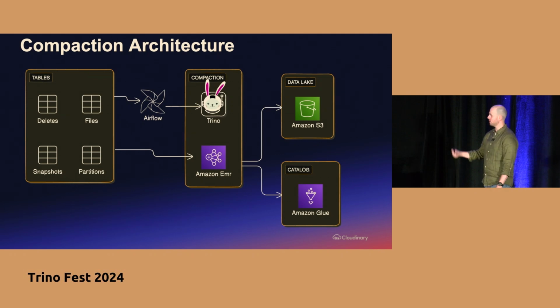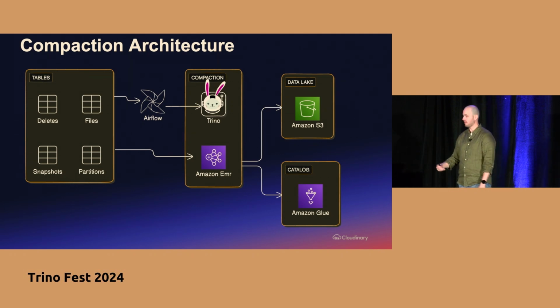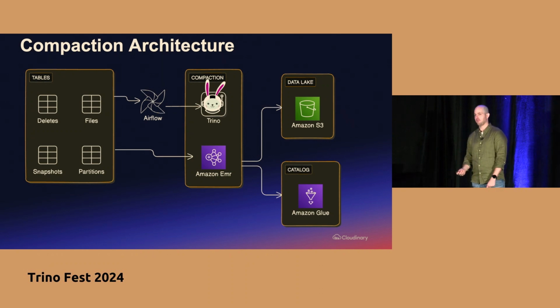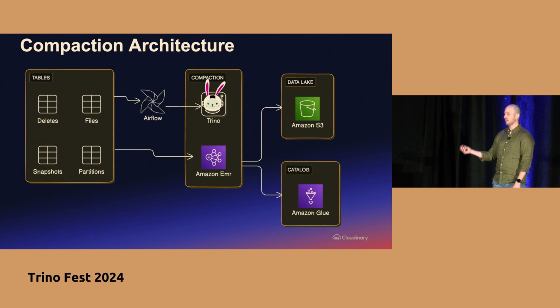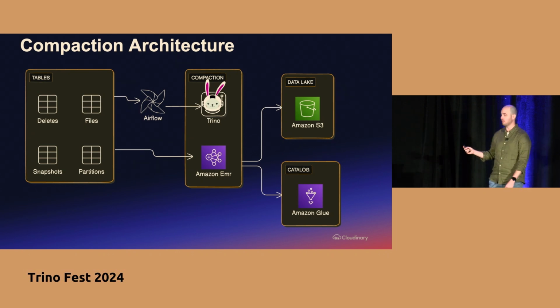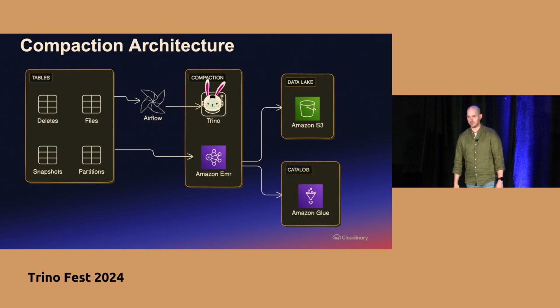So you have the snapshot table, partitions table, deletes, and files tables. And you can use that information to understand on a specific snapshot how many files were written, how many rows you wrote into that snapshot, what was the size of the data written, and you can extract from that the average file size that currently is on your table and understand if a compaction process needs to be done.